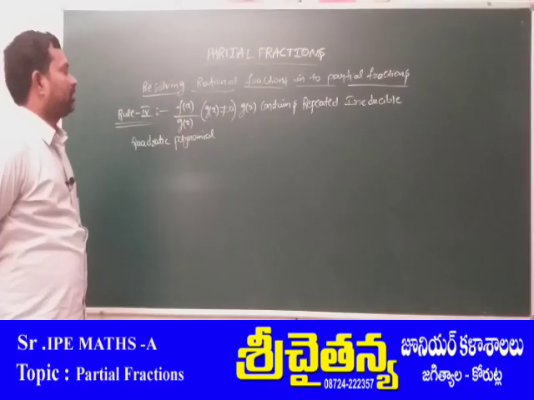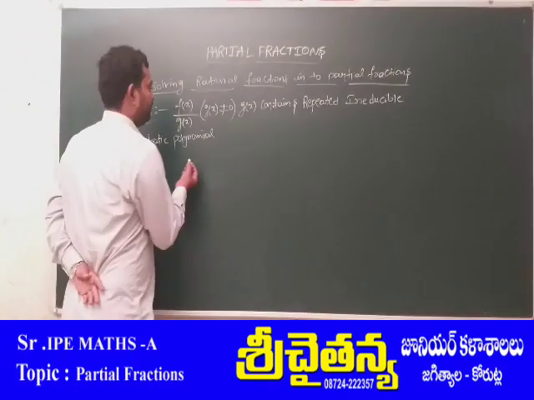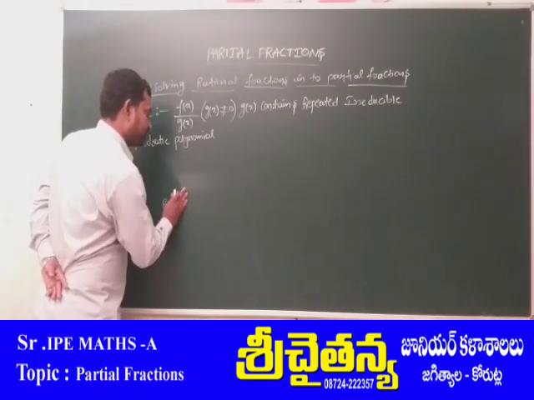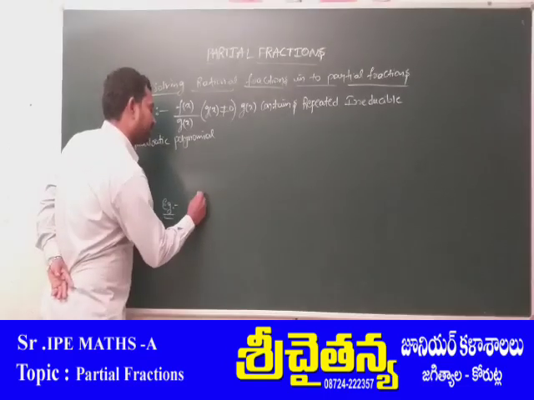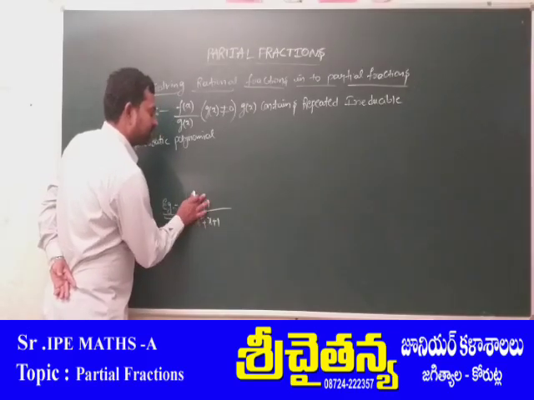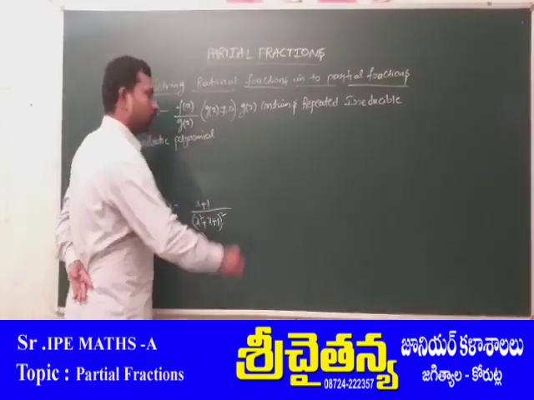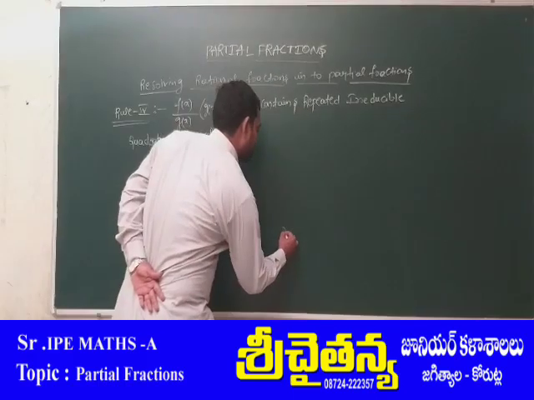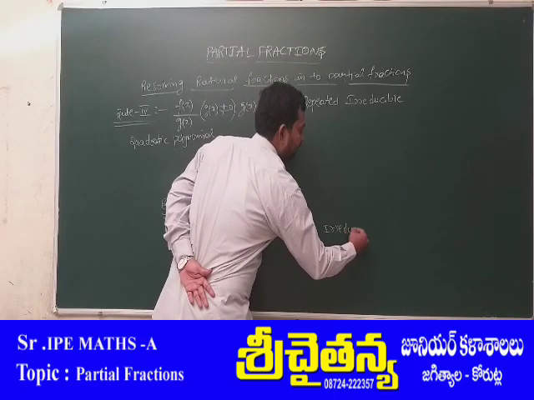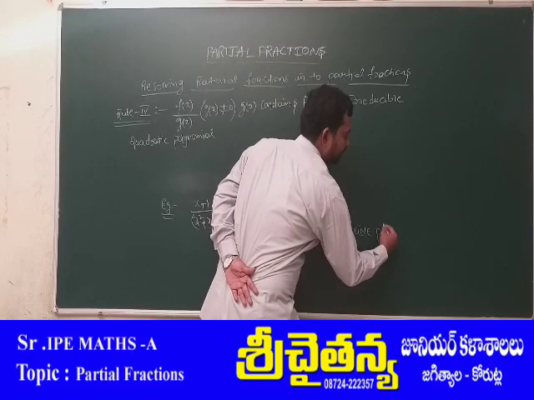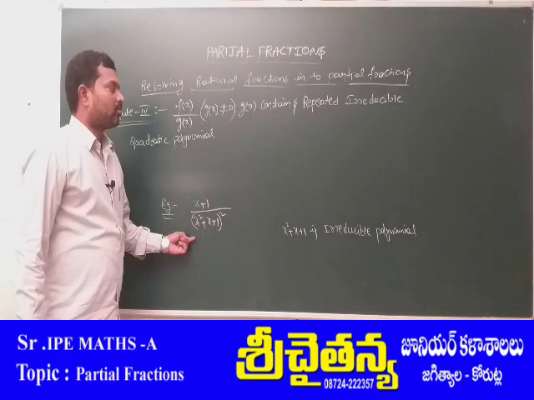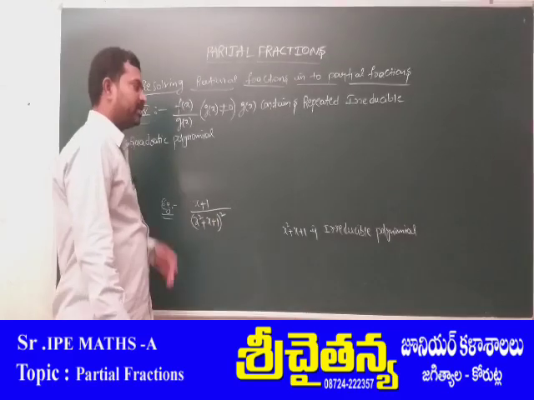That means, for example, I am writing the first example here: f of x equals x cube plus x square plus 1 by x square plus x plus 1. So x plus 1 by x square plus x plus 1 whole square. Here x square plus x plus 1 is an irreducible polynomial. Which type of polynomial? This is a quadratic polynomial, an irreducible quadratic polynomial.